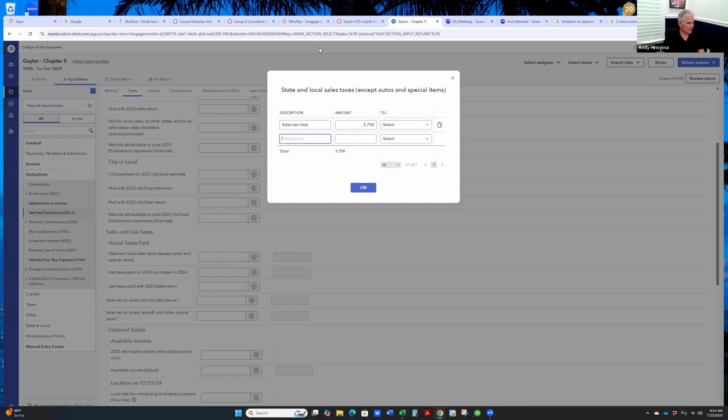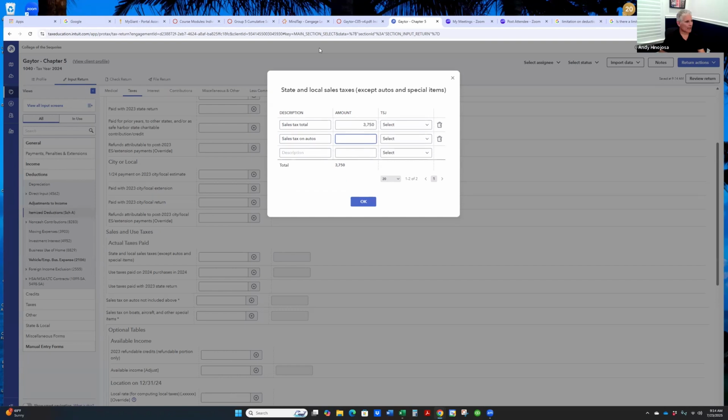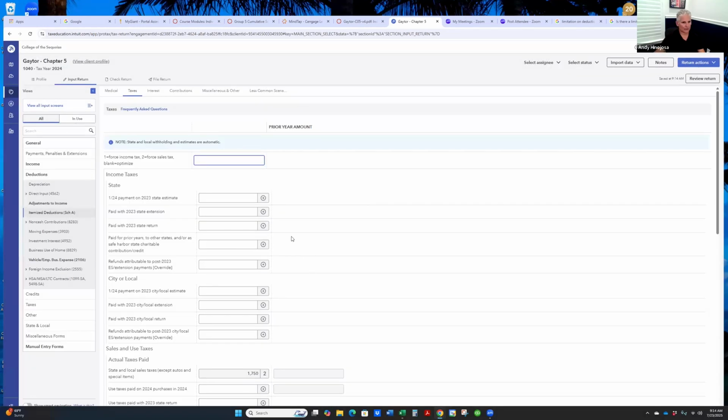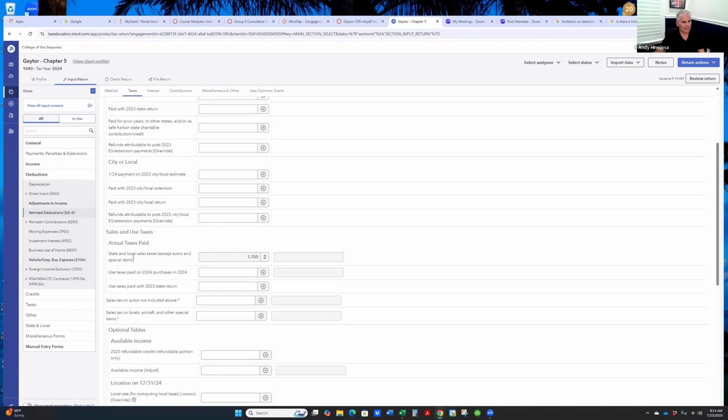But we're going to reduce that because we're actually going to put sales tax on automobiles in a separate area. So we'll subtract $2,000, which was listed on the tax return. So the net, and we could have just entered it that way, state and local sales tax, we could have just entered $1,750.